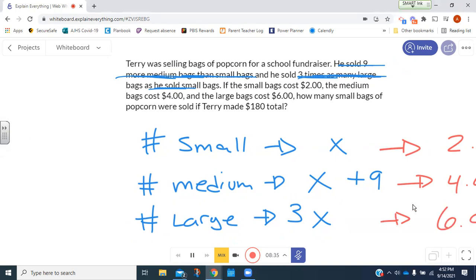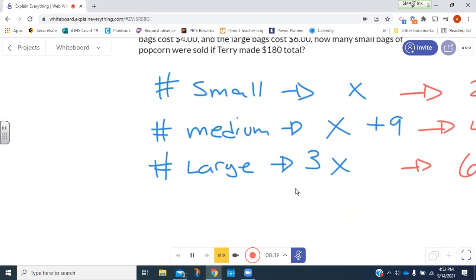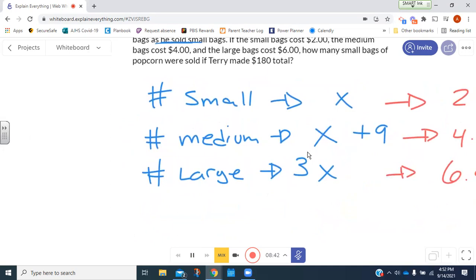Okay, well, now we know that with a cost associated with that, our grand total should be equal to $180. So let's see if we can now create an equation where the left side determines what we had up here, and our right side is still equal to $180.